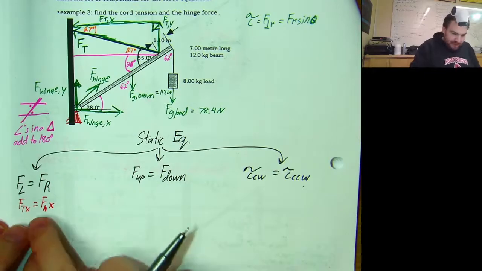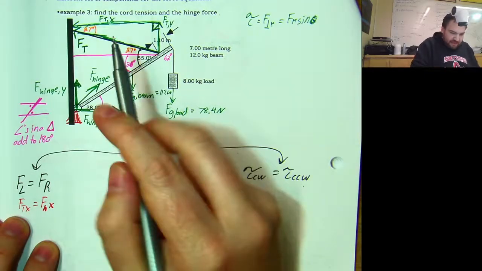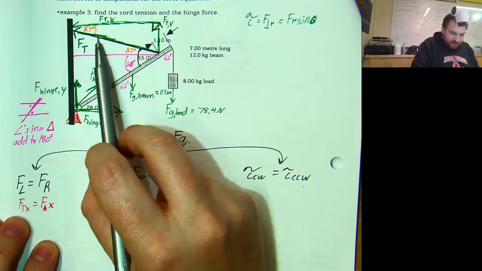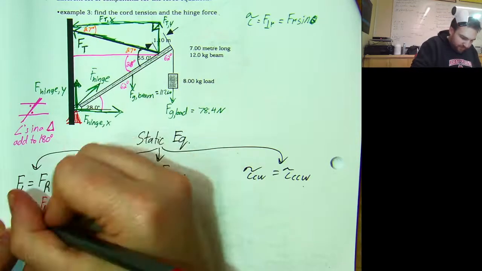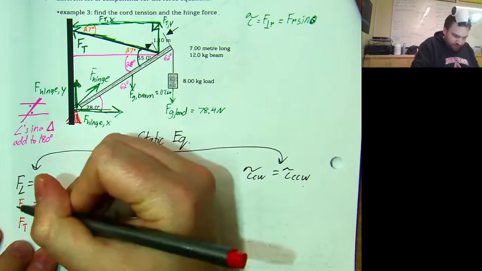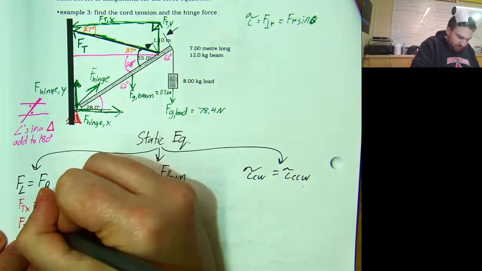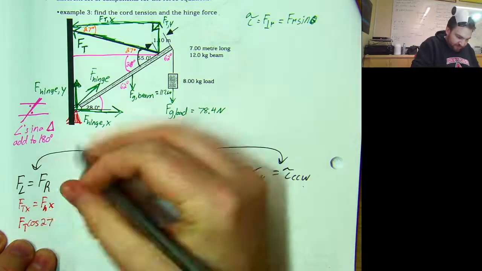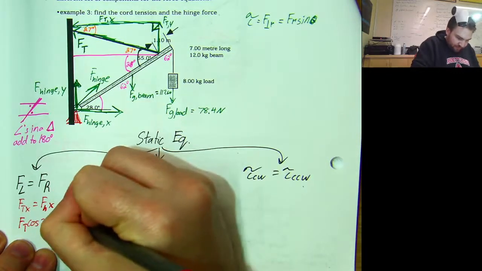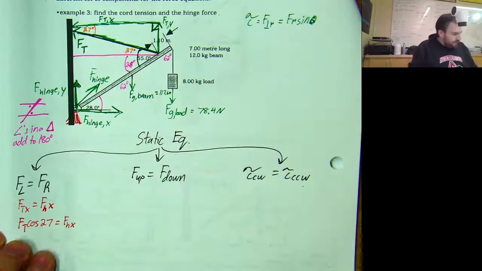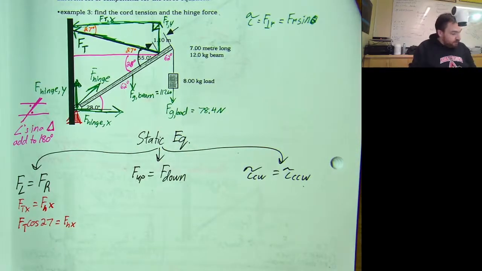FTX, that's 27 degrees. That's my tension. So that's going to be force of tension cos 27 equals F hinge X. That's as far as I can go right now.